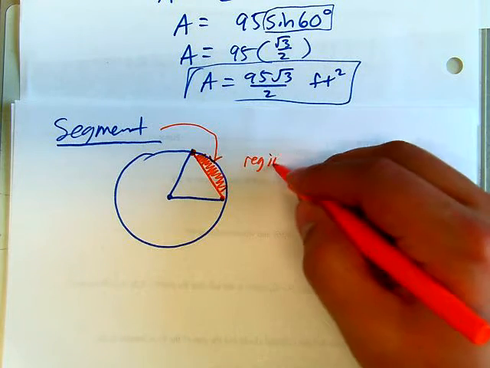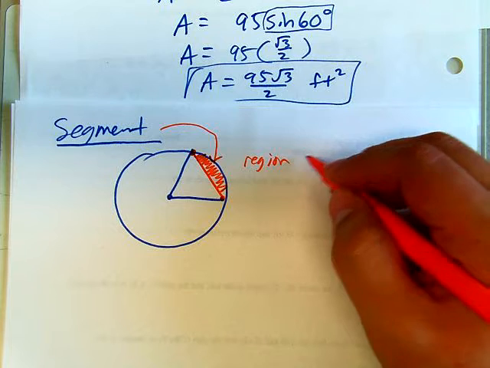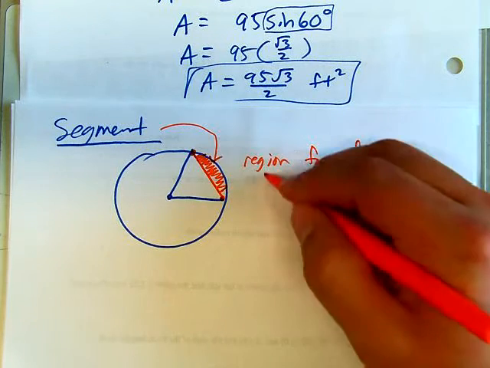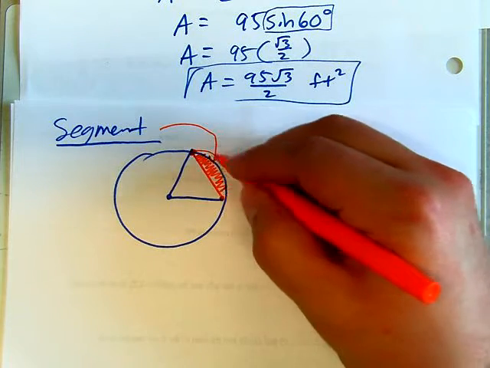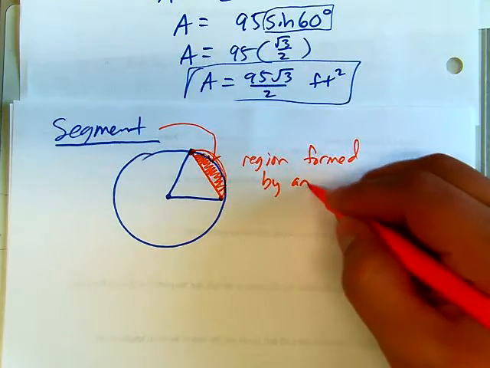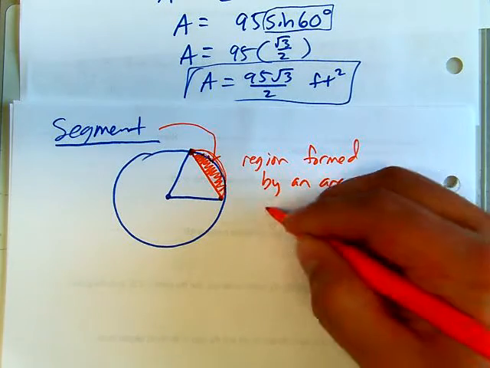Okay, so it's the region formed by an arc right here and its chord.